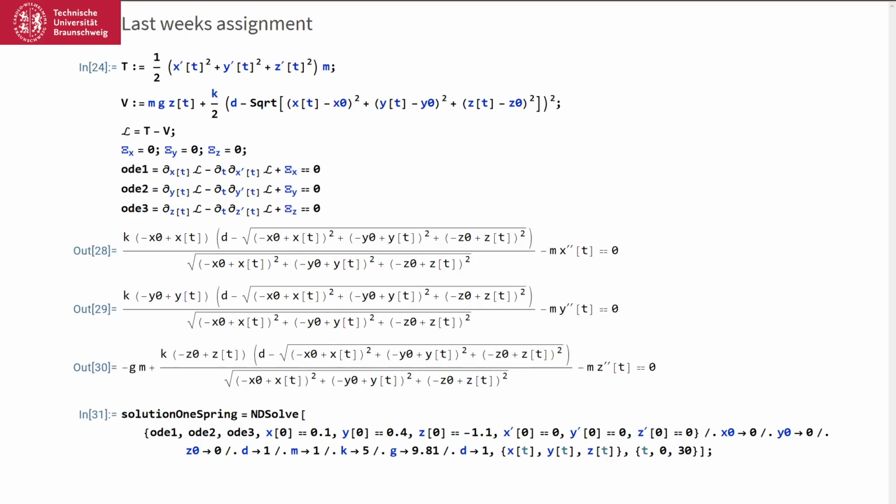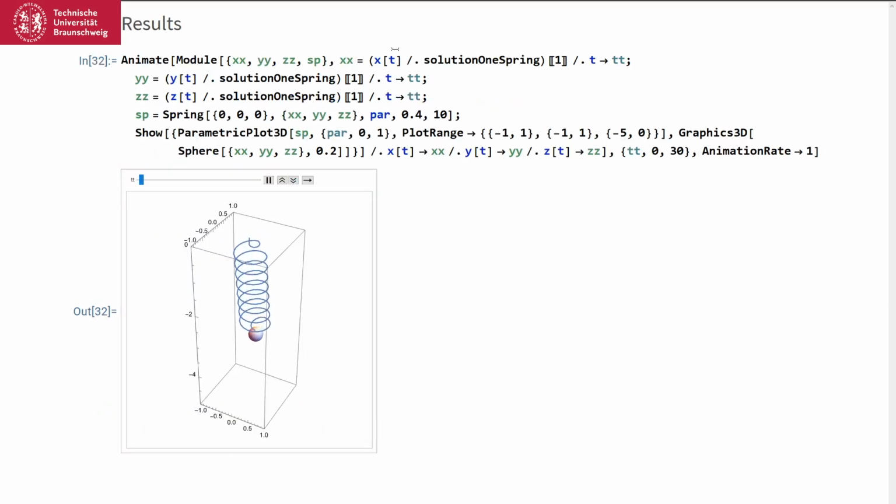Okay, so I think we've done this last week already, and now we can simply attach our picture here. Same solution as last time.